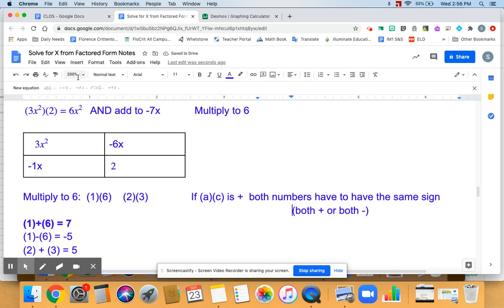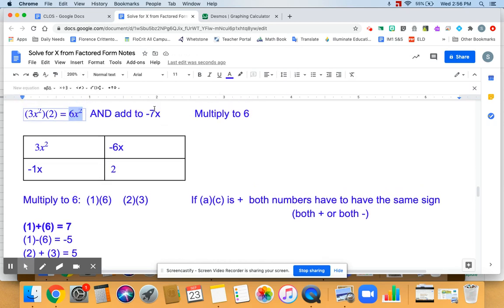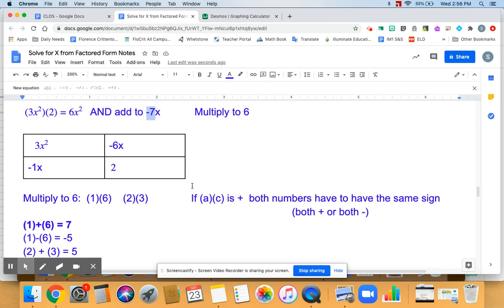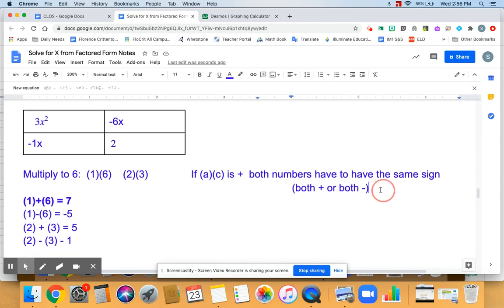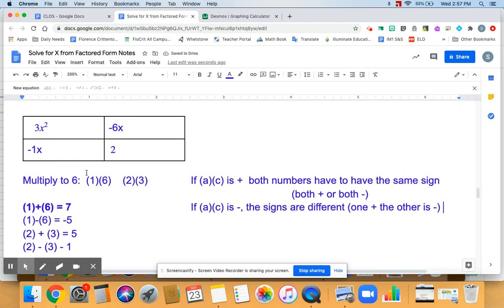So since it's multiplying to a positive 6x, they're either both plus or both minus. But since the b was negative, they both had to be minus. Versus if a times c ends up being negative, the signs are different. One is plus, the other is minus. And you would have to play around with it and figure out which one's which.